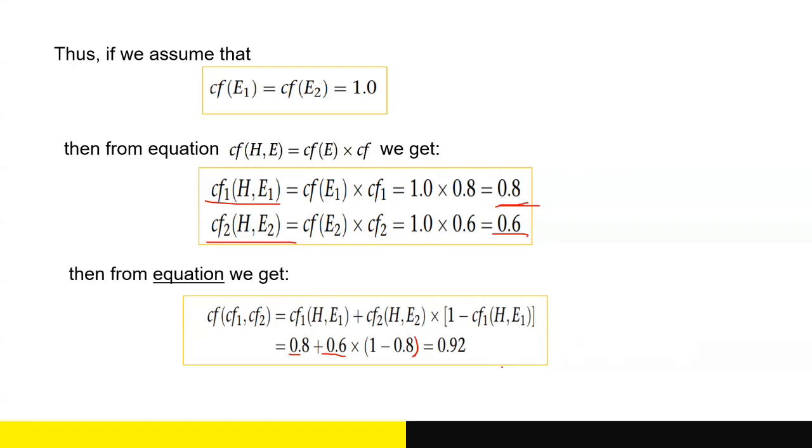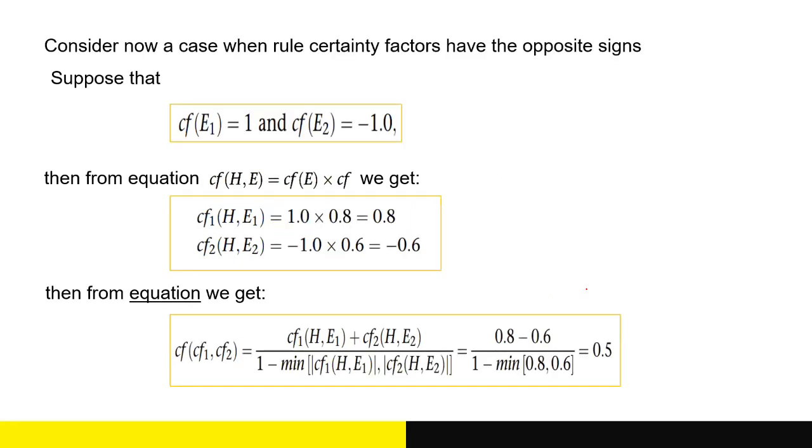And it shows that there is an incremental increase of belief in the hypothesis and also confirmed the expectations nung isa-isa natin yung dalawang evidences. So, we will now consider a case when rule certainty factors have the opposite sign. So, kasi opposite sign siya, yung ikalawang equation yung gagamitin natin.